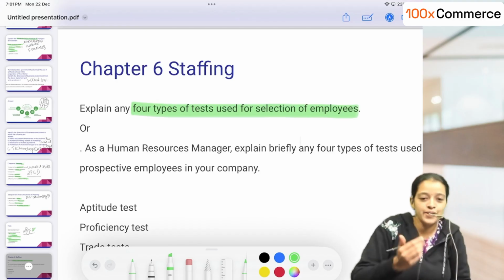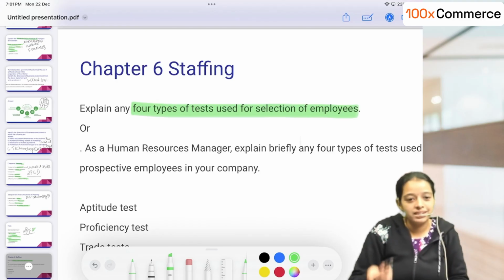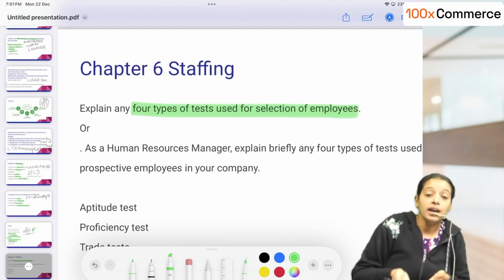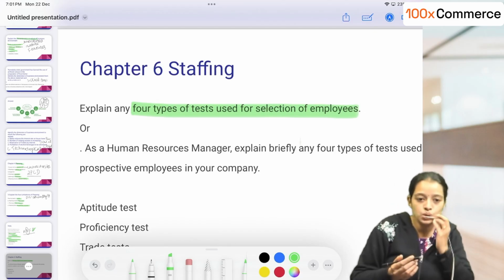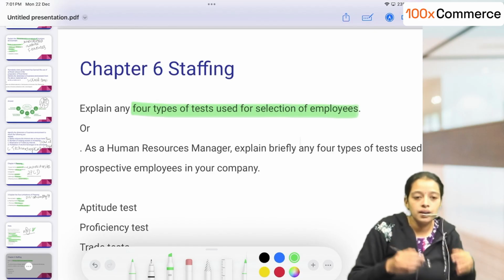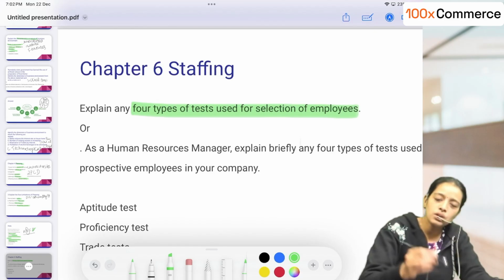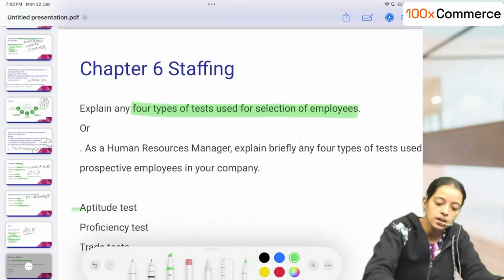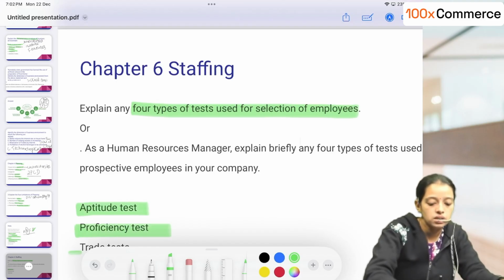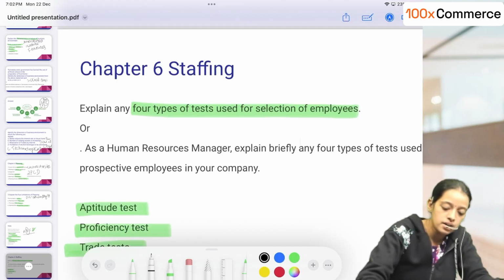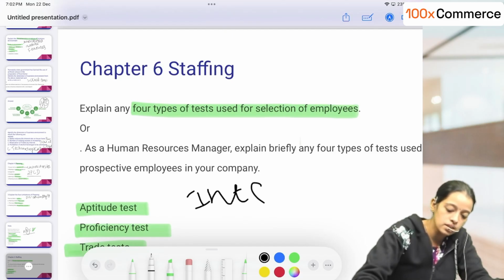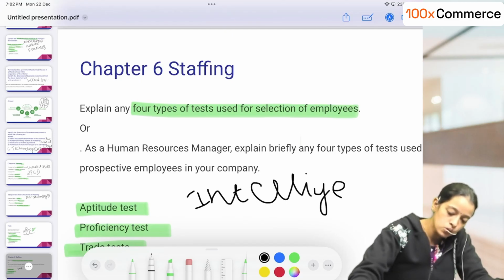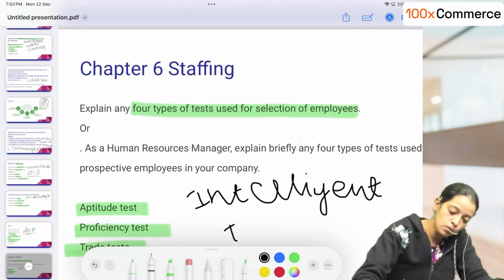You have to imagine yourself as an HR manager and explain any 4 tests that are used to select the employees for your company. You can write aptitude test, proficiency test, trade test, and intelligence test. Any of these 4 you can write.